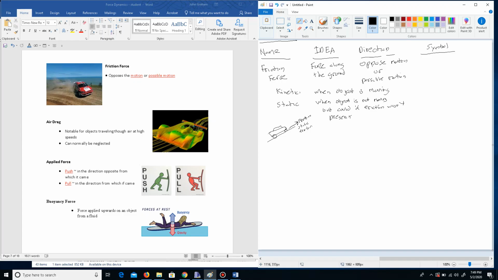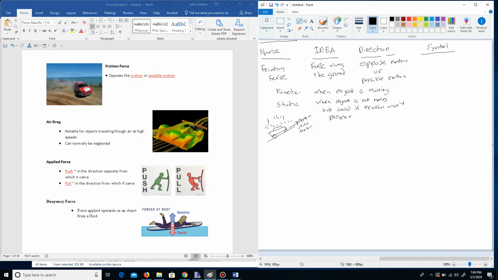Okay, now if this car was to start sliding, meaning let's say it rained, and so the road got slippery and the brake wasn't strong enough, it starts sliding, then it reverts to kinetic friction and you have moving. So we have two types of friction.